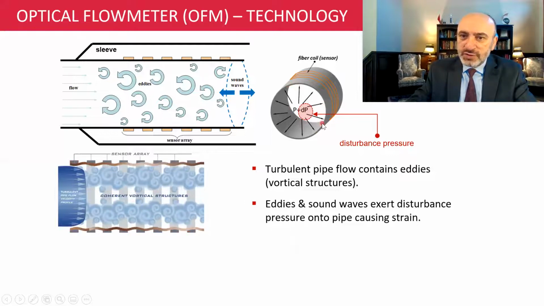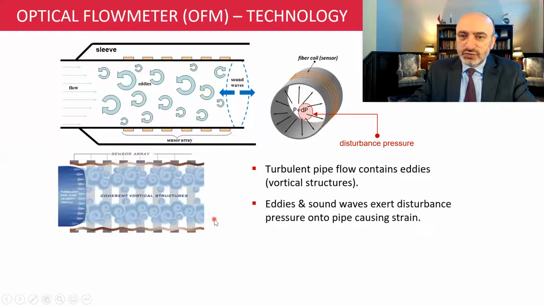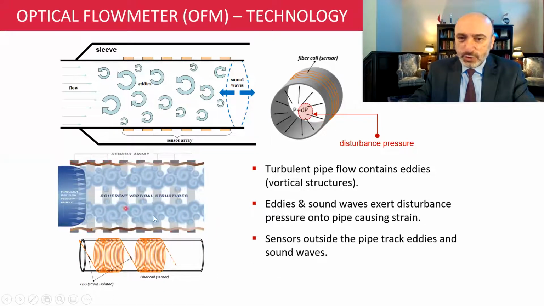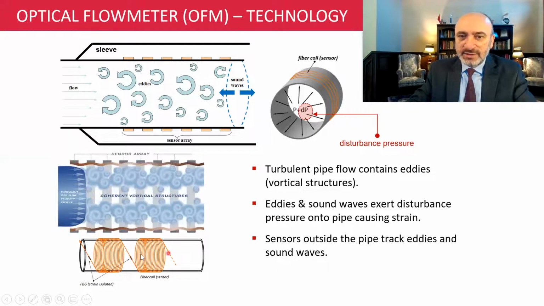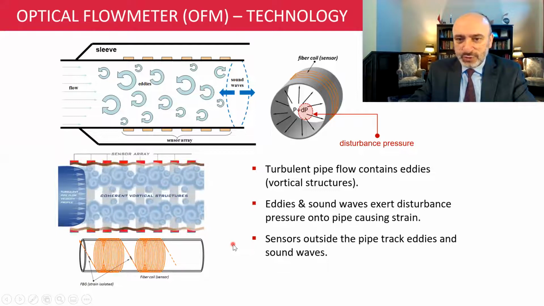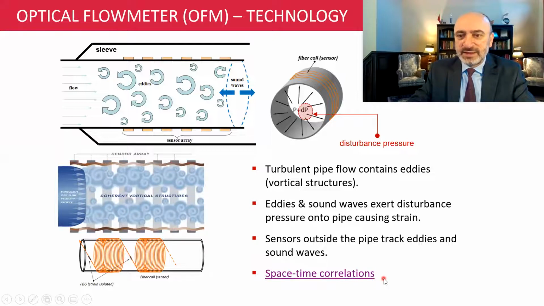That disturbance pressure causes a strain, and that strain is picked up by the sensor array, and the eddy motion and the sound wave propagation are tracked by this sensor array using space-time correlation techniques.